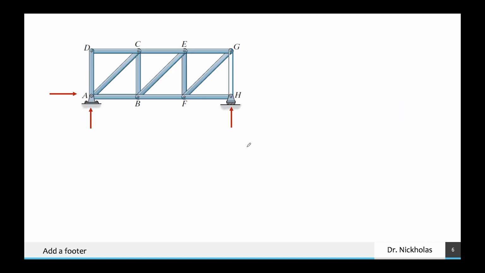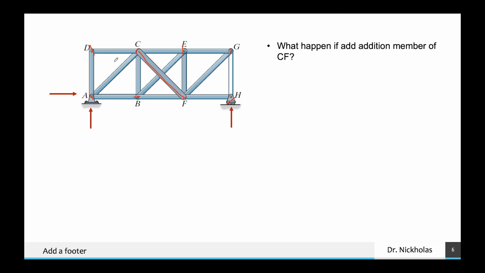Okay, let's take a look when we add another member here. We want to add another member that is connected to joints C and F. So what is the total? The total number of joints is maintained. So we have 1, 2, 3, 4, 5, 6, 7, 8.